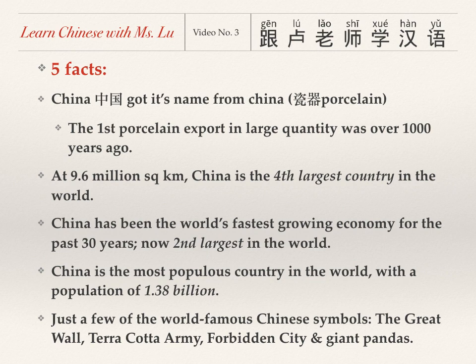Fourth, China is the most populous country in the world, with a population of 1.38 billion. In the past 30 years, over 300 million people have moved from rural areas to the cities. Between 1990 and 2015, 746 million people were lifted out of poverty.